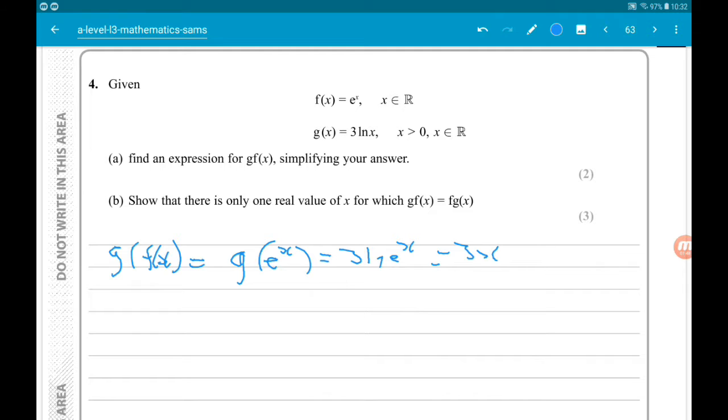Okay, then part B wants us to show that there is only one real value of x for which g f of x is equal to f g of x. Okay, so for that we are going to need to find f g of x.